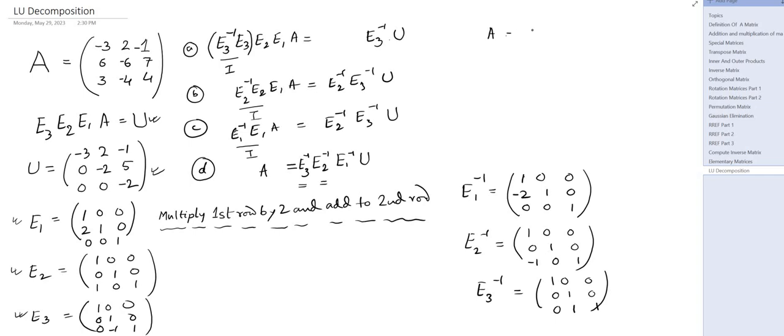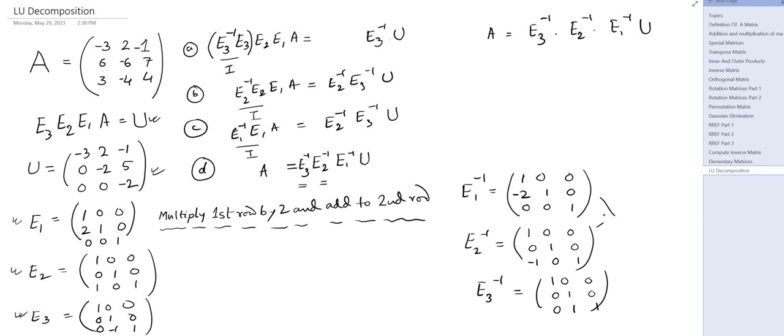Now what we are trying to prove is that, as we know so far, A is E3 inverse, E2 inverse, E1 inverse times U. From the mathematical standpoint, multiplying two elementary matrices is a very trivial process. Let me show one thing and you can easily understand.